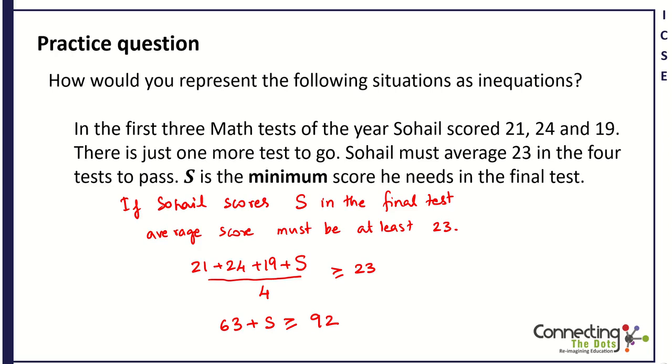And finally, you can say S is greater than or equal to 92 minus 63. So if Sohail scores at least 29 in the final test, then his average will be at least 23.